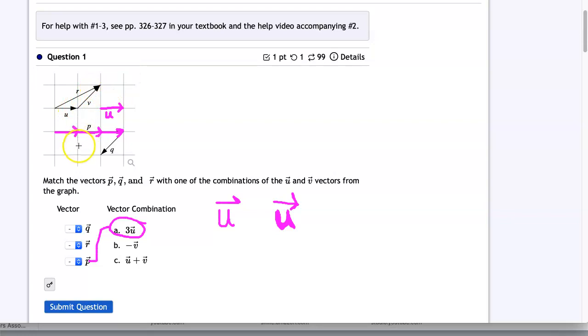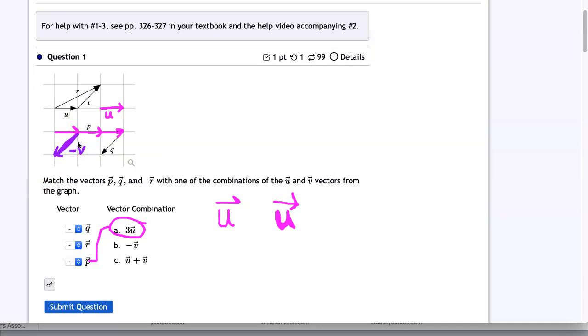If I were to take the exact same length but go in the opposite direction, going downward at this diagonal, this would actually be negative v.